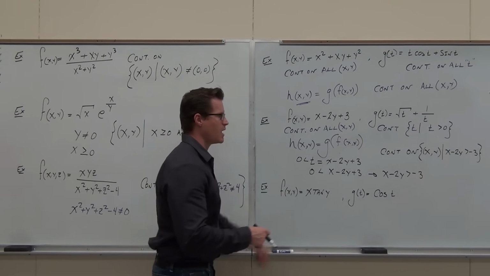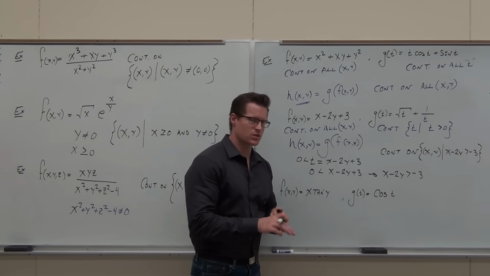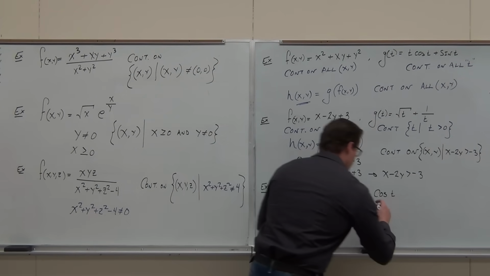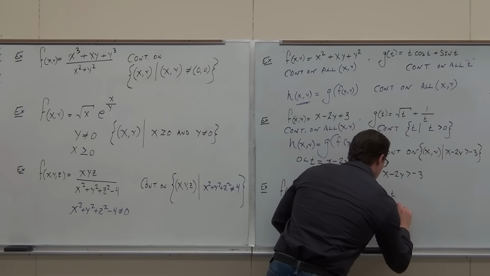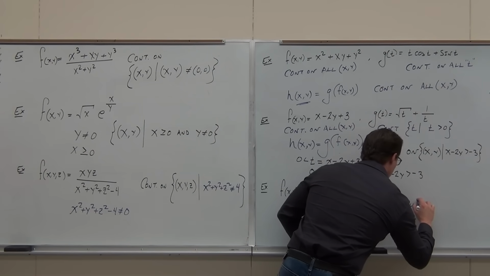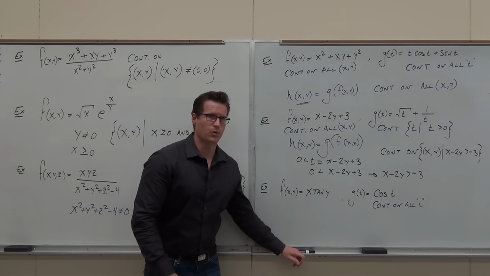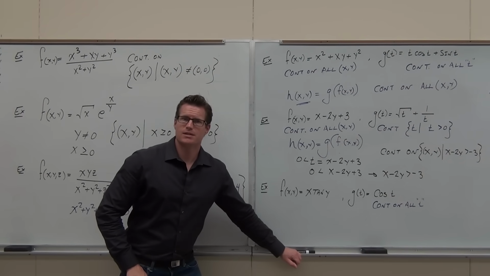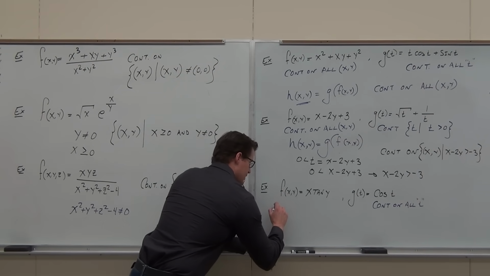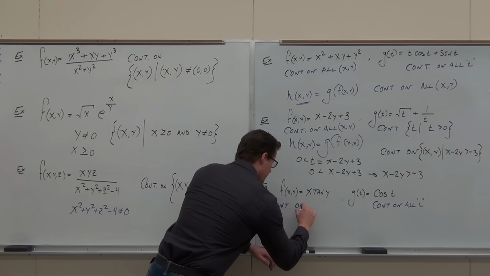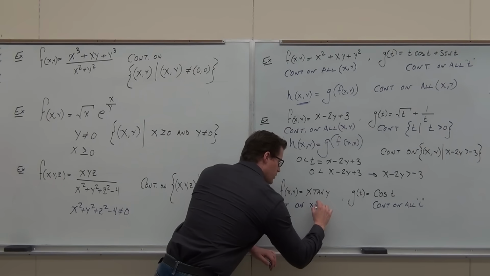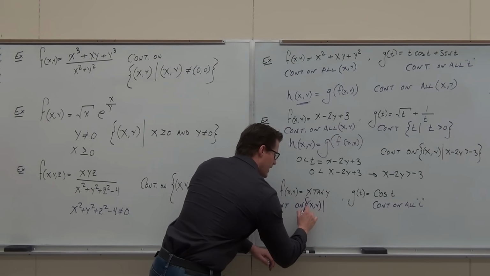Now, last one. This is going to be the opposite case. Let's start here. Is this continuous on all t? Yes or no? Is this continuous everywhere? No. Notice it's tangent. Is it continuous on all x? Continuous on all y? What's wrong with it? Asymptotes where? At all values of pi over 2. So this is continuous on ordered pairs x, y, such that x I don't care about.